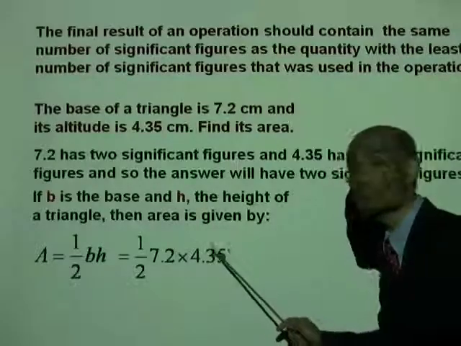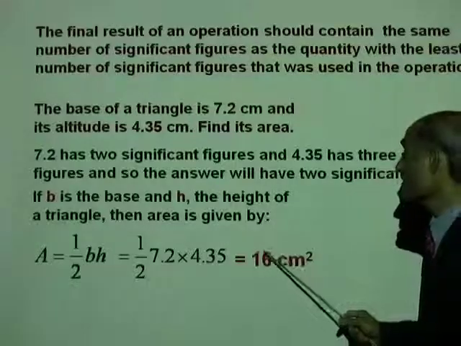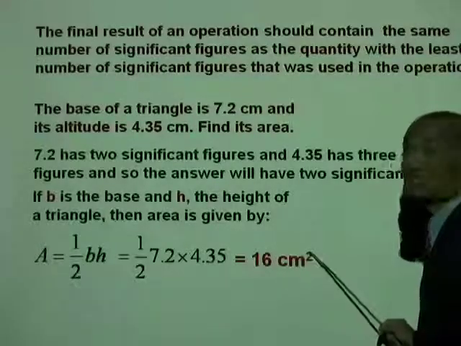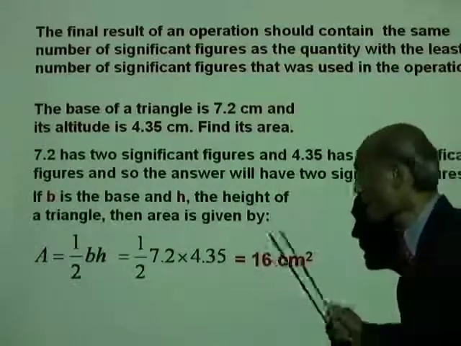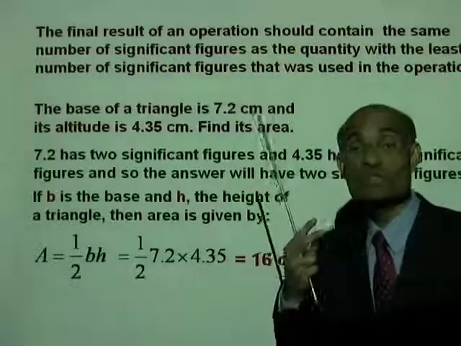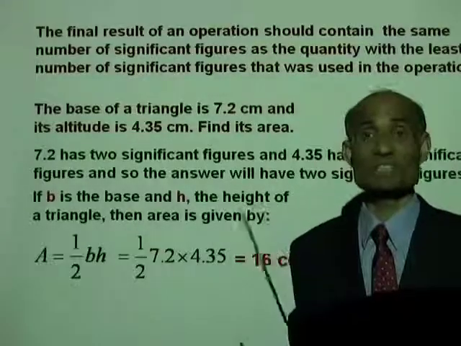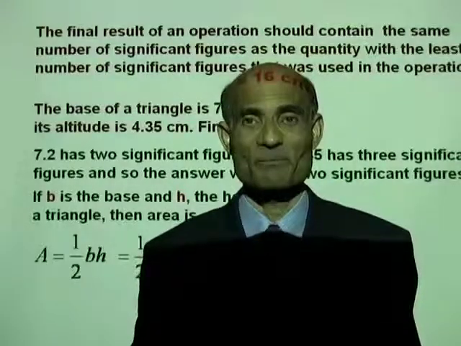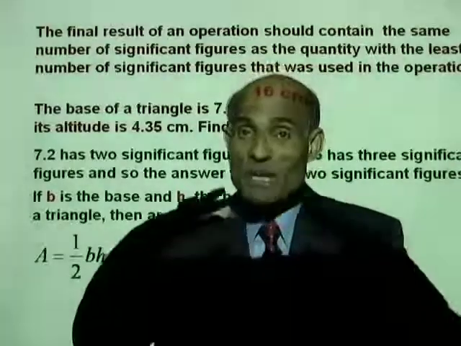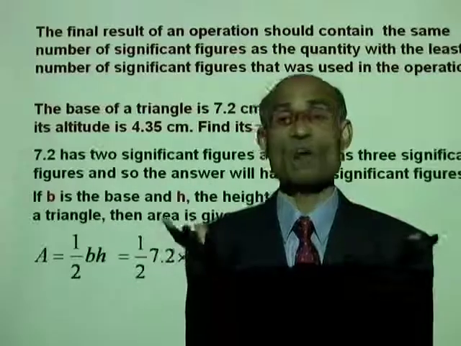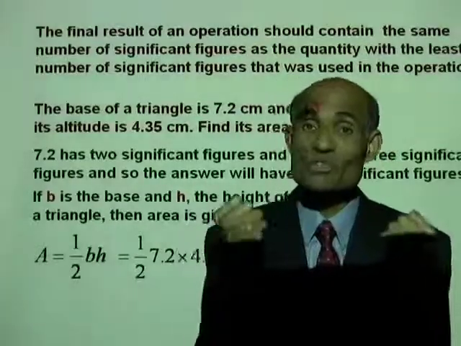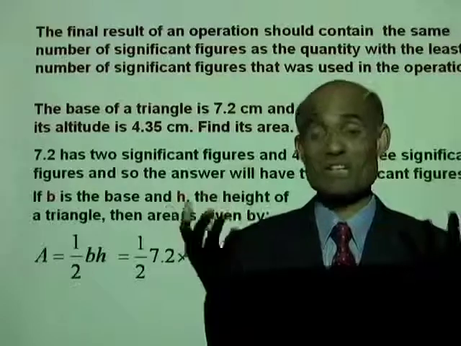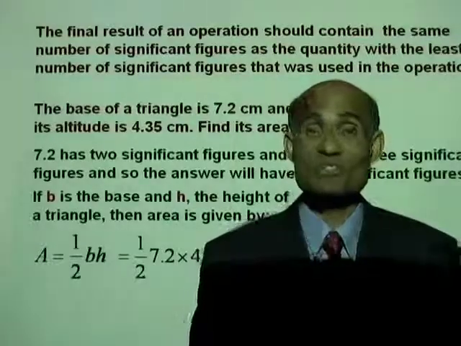We should write those units there, which is 16 centimeters squared. You can see I wrote the answer using two significant digits, and that is what I expect you to do also. Okay, now this has been a summary of measurement, units, significant figures, dimensions, and so on.